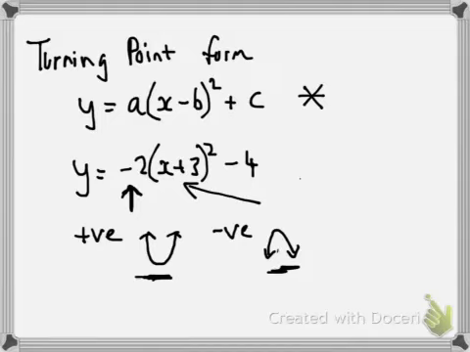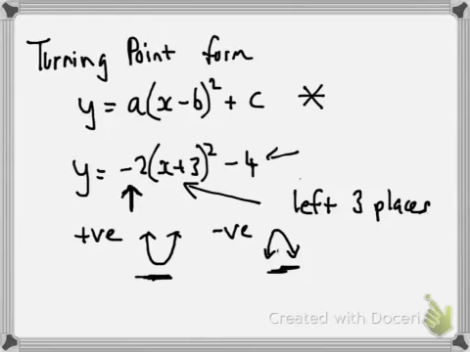But the plus 3 means that the parabola will be shifted to the left 3 places. Now, you've almost got to reverse your thinking here, because you might think, well, plus 3, wouldn't that take it 3 positive places to the right? No. A plus 3 there takes it to the left 3 places. A negative 3 would take it to the right.